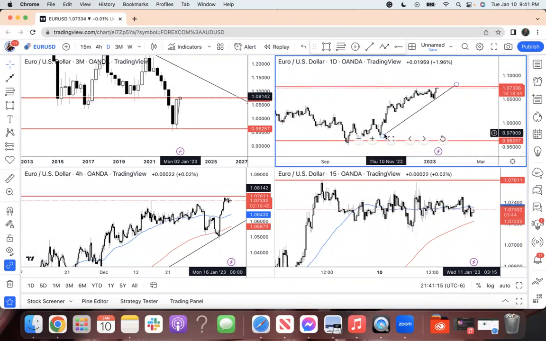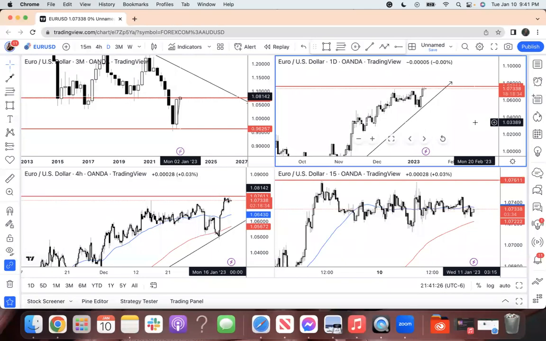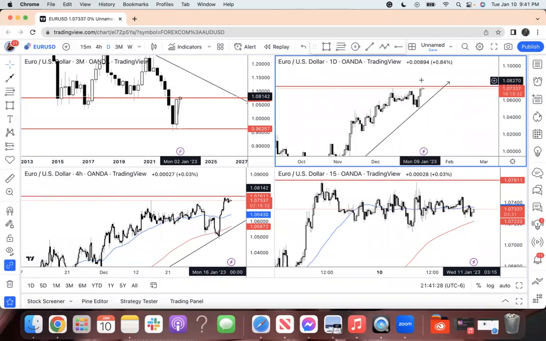We've established that we are temporarily in an uptrend. We're at a major point of resistance, so we are waiting to see what price is going to do. Is it going to break above this area here, or is it going to come down and retest this area of support and break below this trend line?